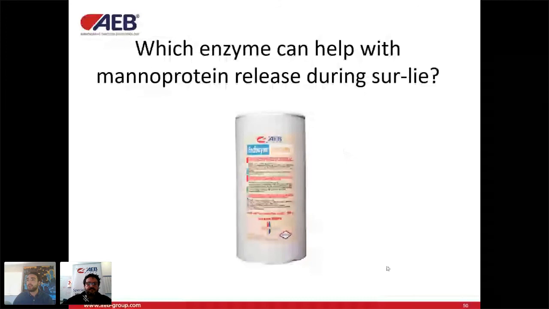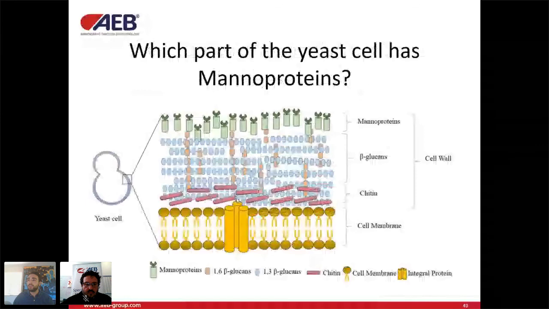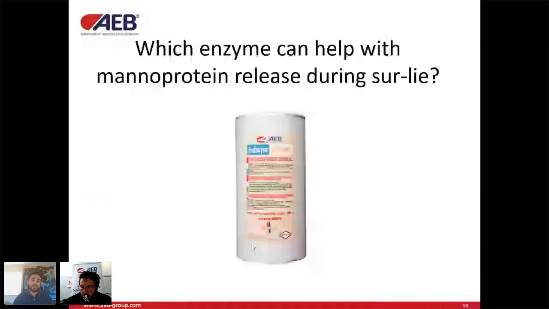In fact, if we look at the picture before, because the mannoproteins are attached to the beta-glucan, if an enzyme can break down this beta-glucan, it results in an increased release of mannoprotein. AB has an enzyme called Endozym Glucapec, which can improve the filterability of your wine when you have too much glucan from spoiled grapes, but it can also speed up the aging process on the lees.